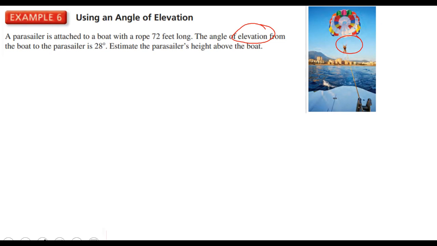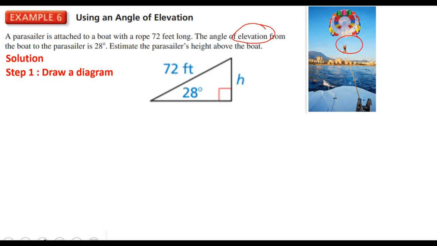So to this problem, we will be following again simple steps. First step is to draw a diagram. So the diagram will look like that. This will be your boat. And this is the parasailer. That's your parasailer over there.